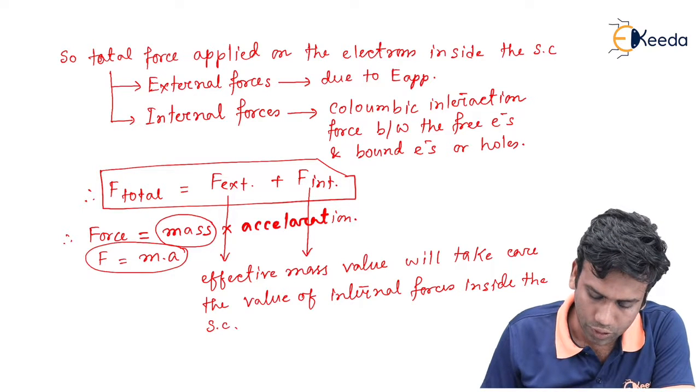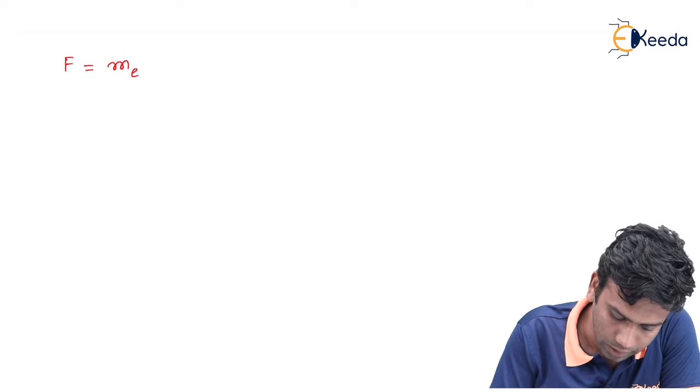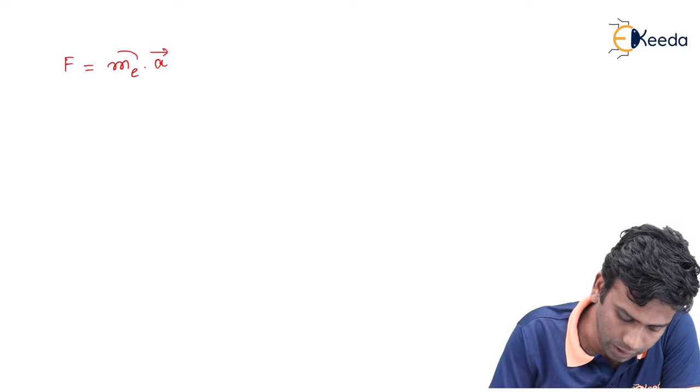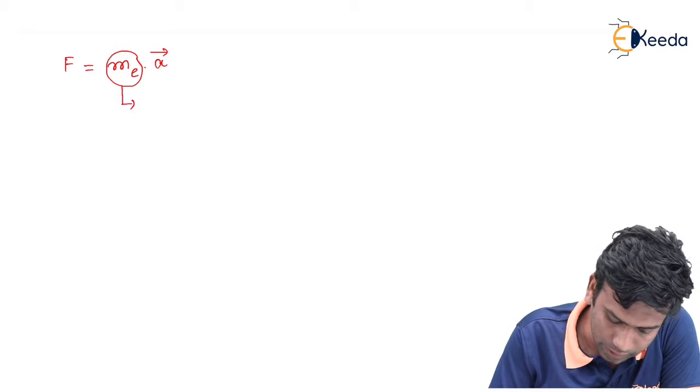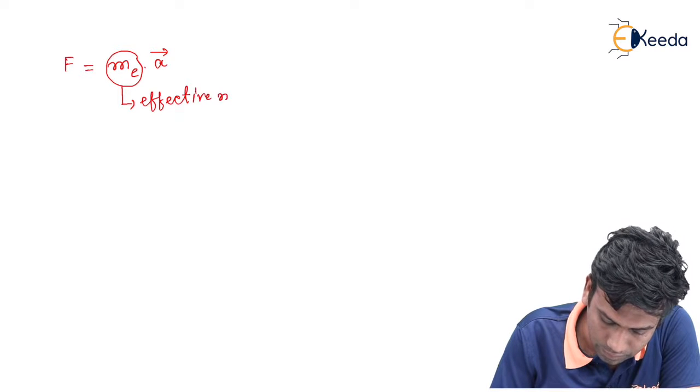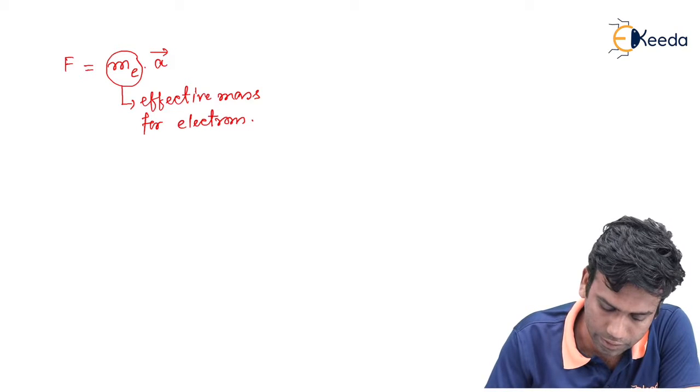So we will write the Newton equation for this charge carrier as F total equals m_e into acceleration, and this m_e is the effective mass for electrons, that is free electrons.